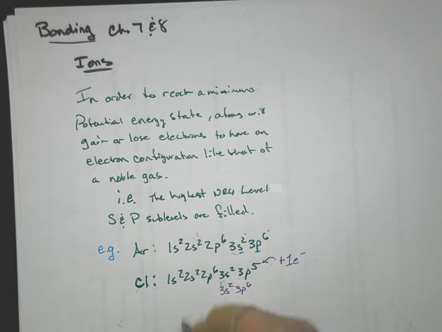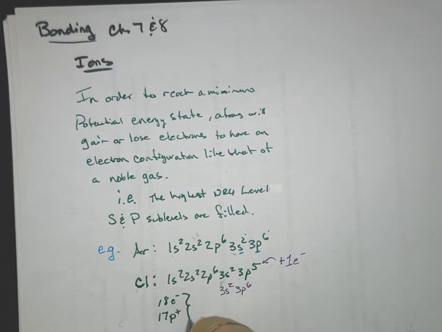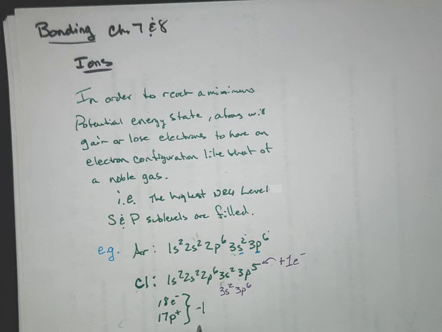So chlorine has 17 protons, but when we add our 1 electron, it now has 18 electrons. This gives us an imbalance of -1. We have 1 more negative charge than we have a positive charge, and that's what this charge counts. We have a -1 charge.